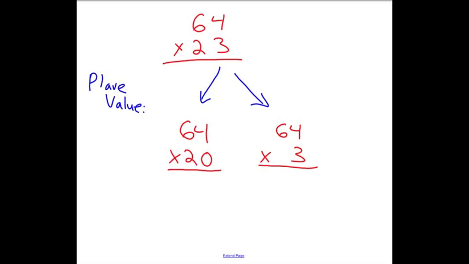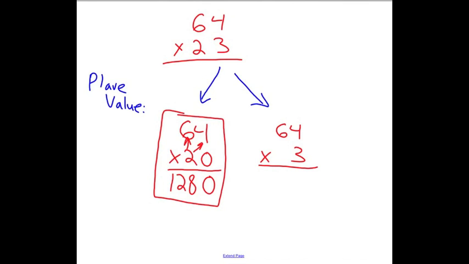I'm going to solve 64 times 20 first. Because I'm multiplying by a tens here, I need to put a 0 underneath my problem. Then I multiply 2 times 4, which is 8, and 2 times 6, which is 12. So now I have solved this half of the problem.